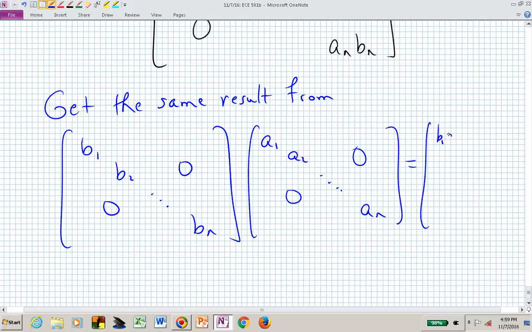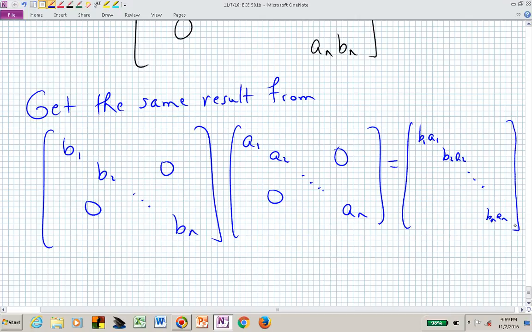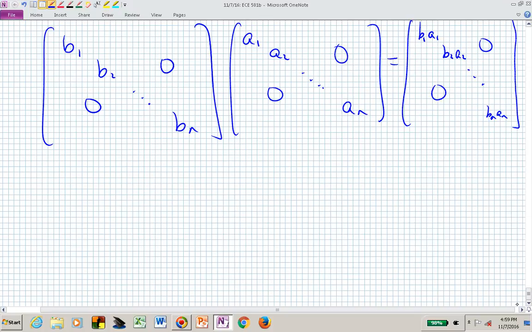Here we have B1 A1, if we wanted to preserve the order of the multiplication, but these are now simply scalars, and they can slide through if we want. So the product is the same in both A times B and B times A when those are diagonal.